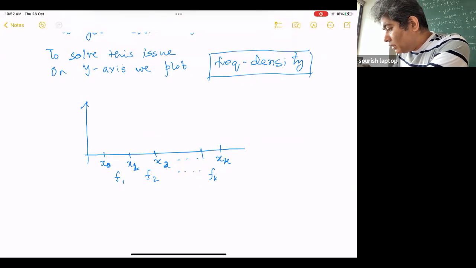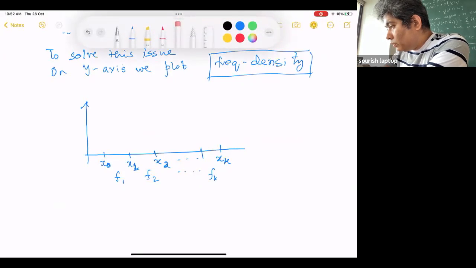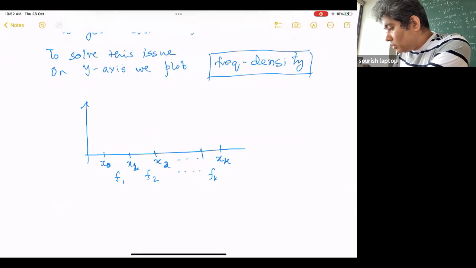So basically, if you have the bin width, what will be the bin width? W1 is x1 minus x0. W2 will be x2 minus x0.